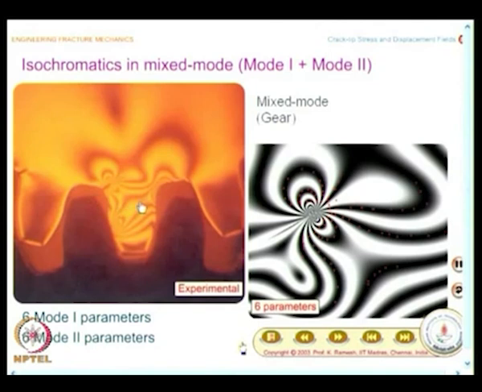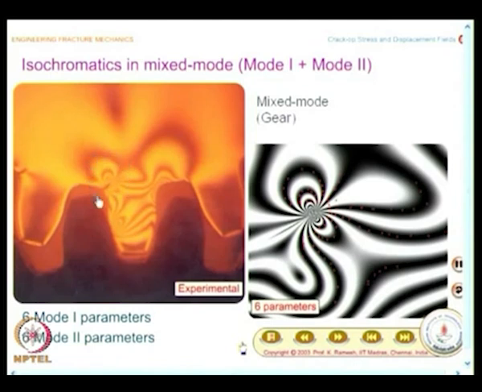First of all, you have to recognize that this is a finite body problem. Second, the crack is situated in a stress concentration zone. Third, I have one stress concentration related to contact stress here. So, there could be interaction of this with the crack tip stress field.